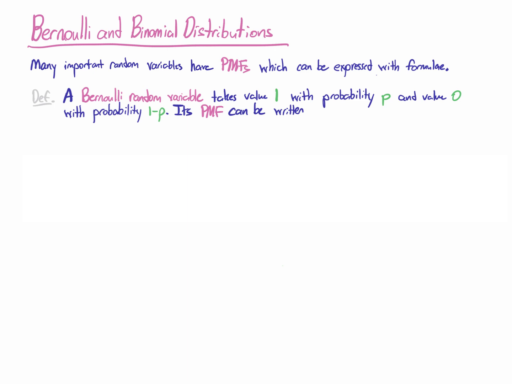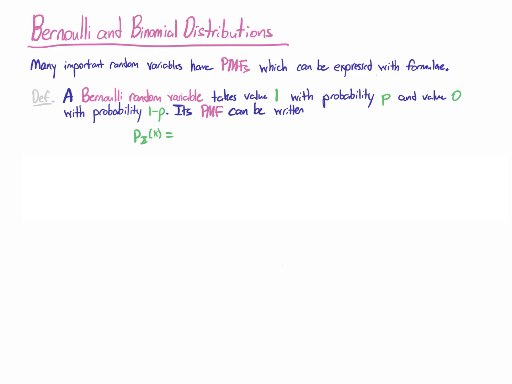The PMF of the Bernoulli distribution can be written in a few ways, but I'm going to focus on one that looks a little bit funny. The reason is that I don't really want to write this in cases. I could do it in cases, for example: the PMF is p if the value of x is 1, and it's 1 minus p if the value of x is 0.